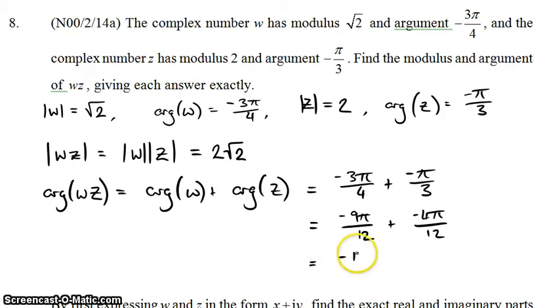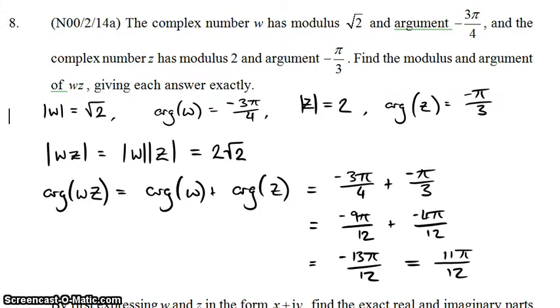So we get minus 13 pi over 12. And of course, this is now outside of the principal range. So we add 2 pi to this, and we get 11 pi upon 12.